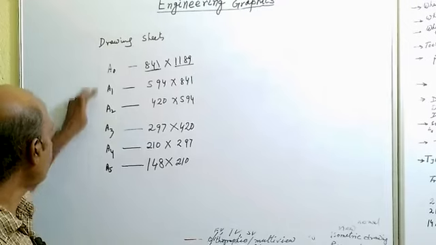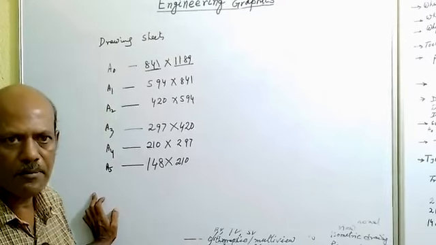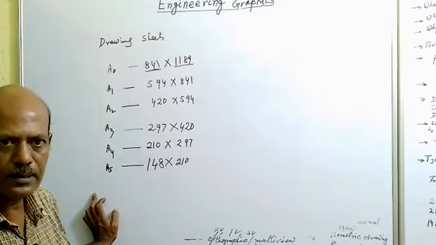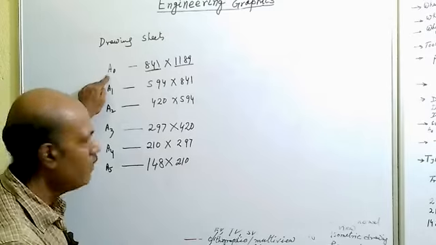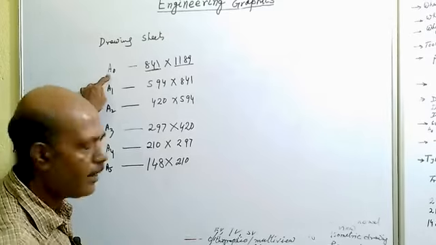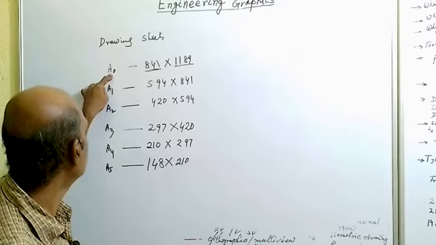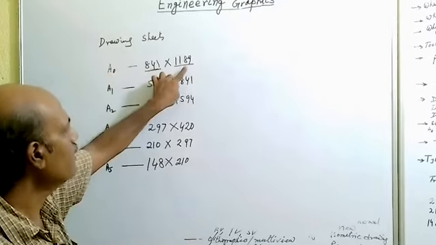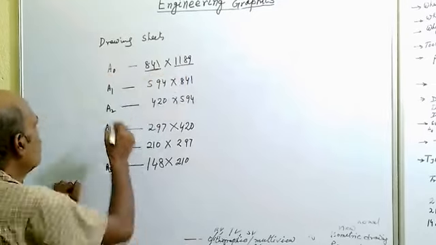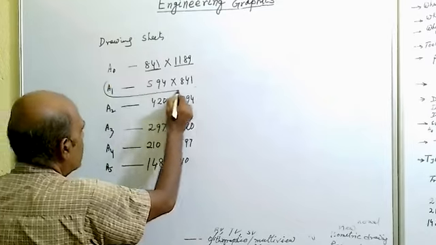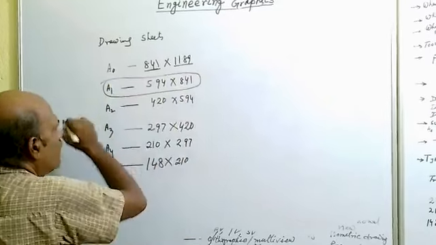So there are sizes of drawing sheets available as per the BIS standard, and the first or largest size available is A0, that is 841 into 1189, but in schools and colleges we will use the size 594 into 841.